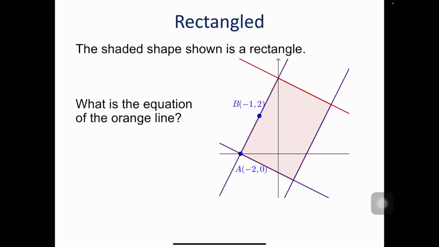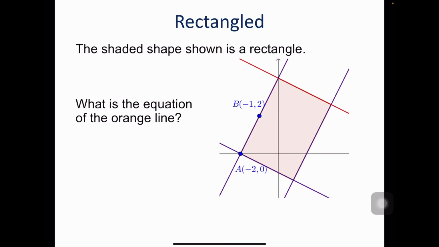The shaded shape shown is a rectangle. What is the equation of the orange line? So it looks red to me, but anyways, in terms of the clue for this question, of course, pause the video if you don't want to hear the clue.